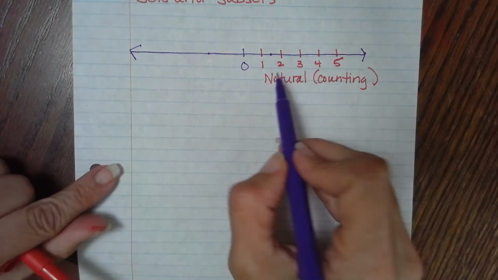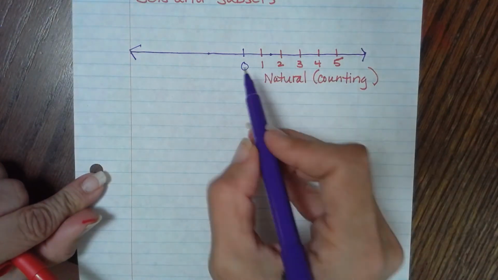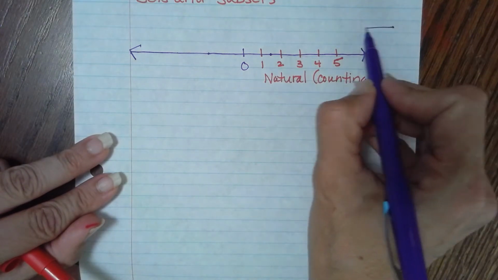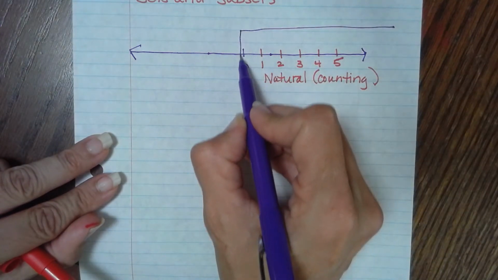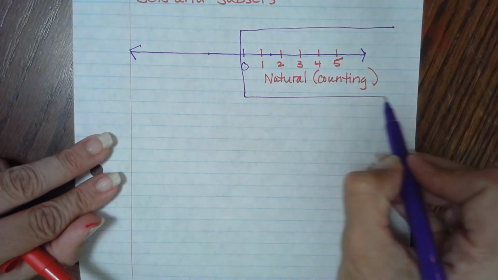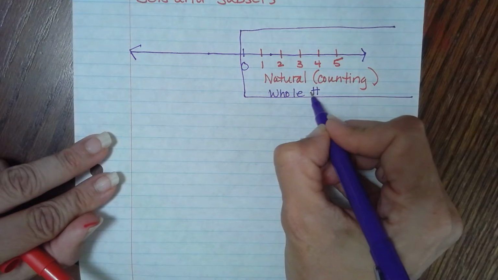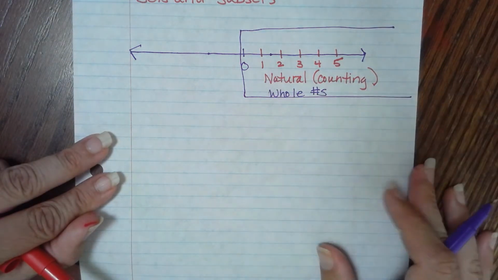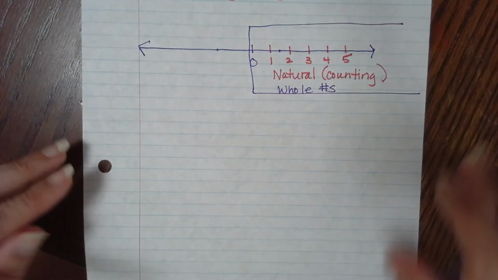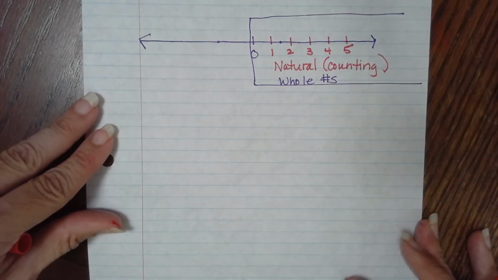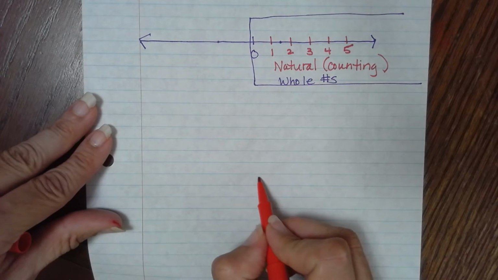So if you take all of your natural counting numbers and you include 0, that would be your category of whole numbers. So whole numbers are everything that you see in red, the natural counting numbers, and 0. So I'm going to start a graphic organizer down here in the middle.